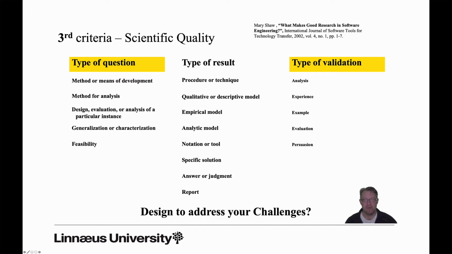What you can see there is that they have come up with a classification for three types of parts of this research. So the type of questions asked in these works, the type of result in these works, and the type of validation used in these works.